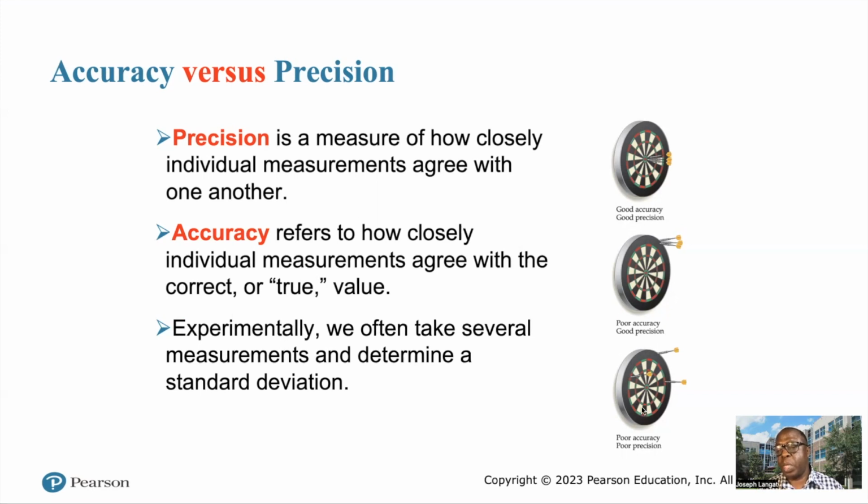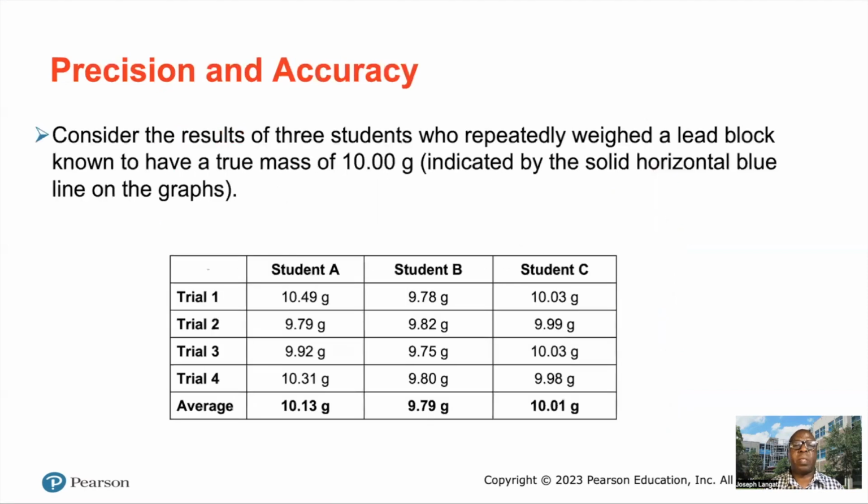Neither is poor precision and poor accuracy. Please remember to make your own notes, differentiate accuracy and precision. Consider the results of 3 students who repeatedly weighed a lead block known to have a true mass of 10.00 grams, indicated by the solid horizontal line on the graph. So these are the three students, their averages, all right?